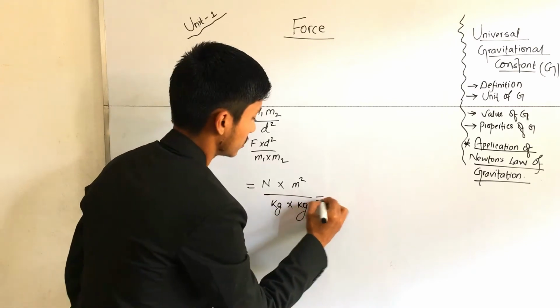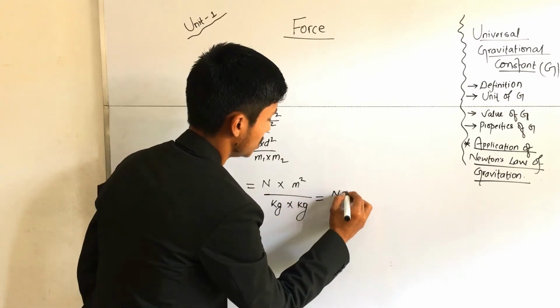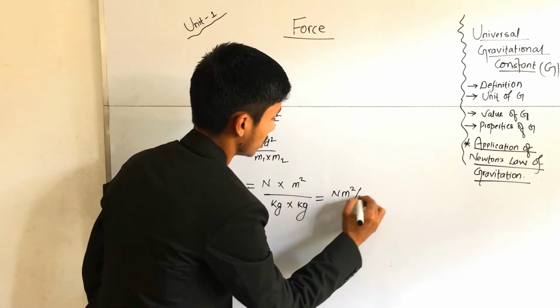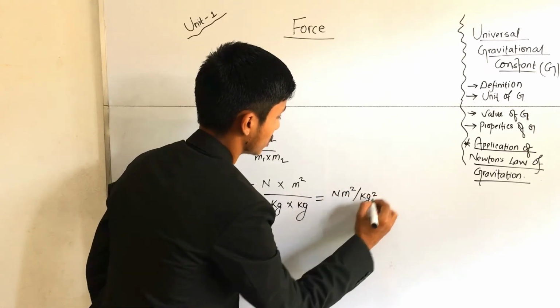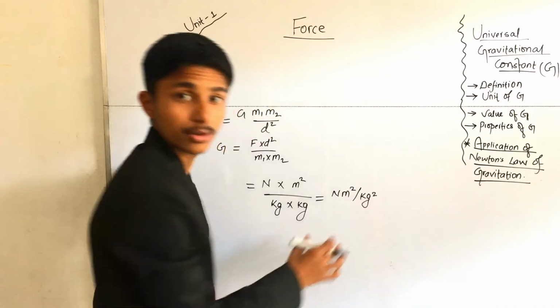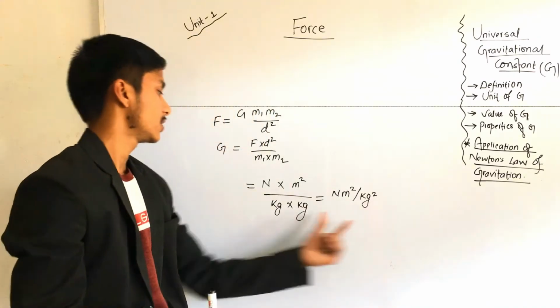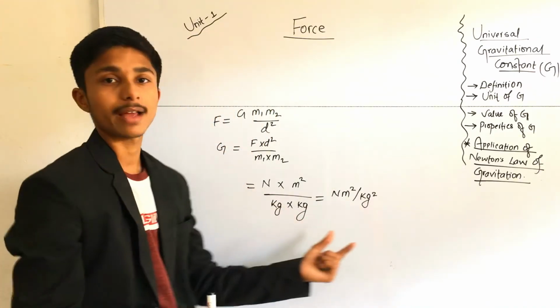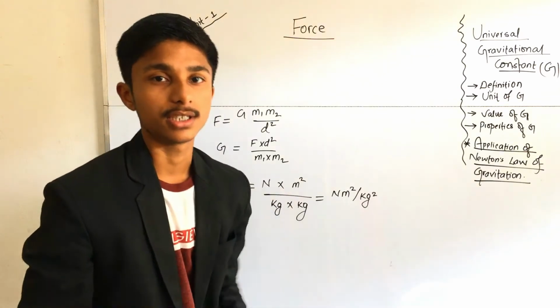So we can write Newton meter square per kg square. This is the unit of capital G, the universal gravitational constant, in the SI system.